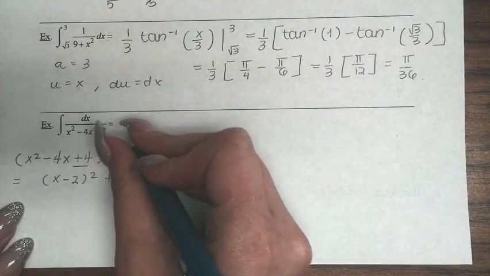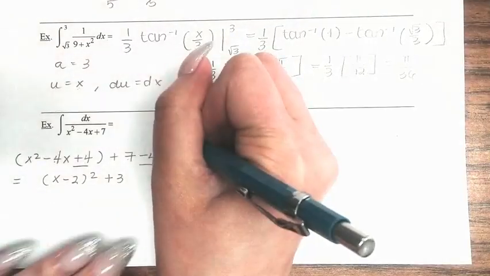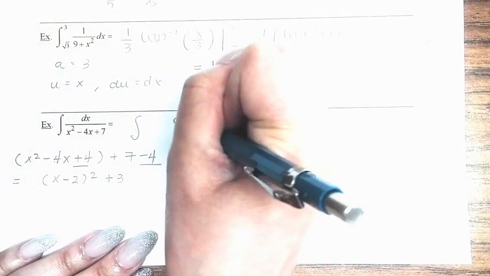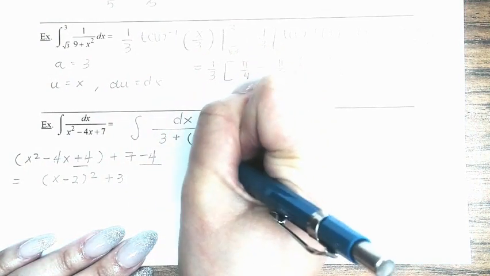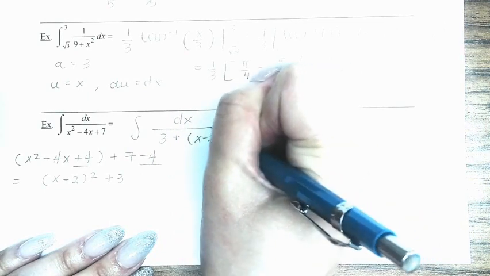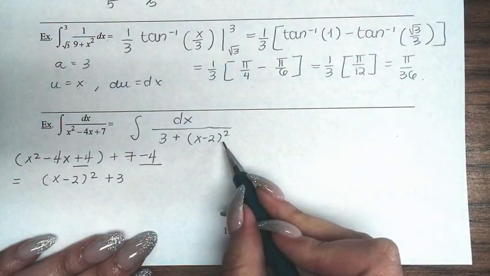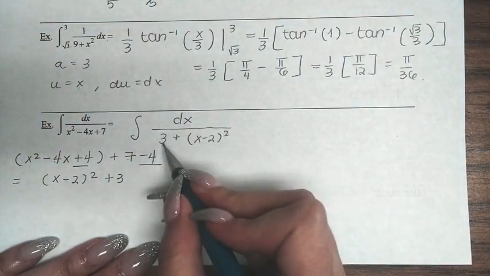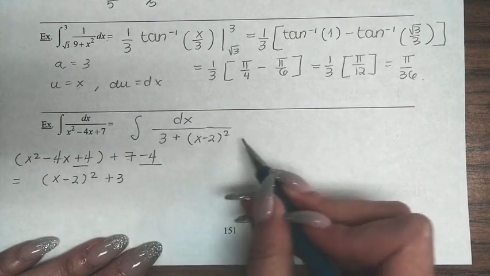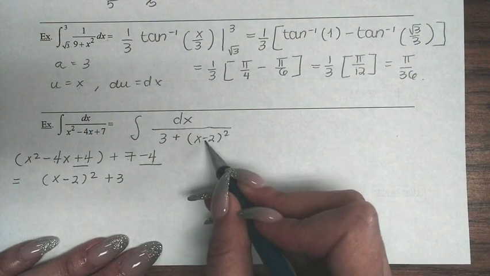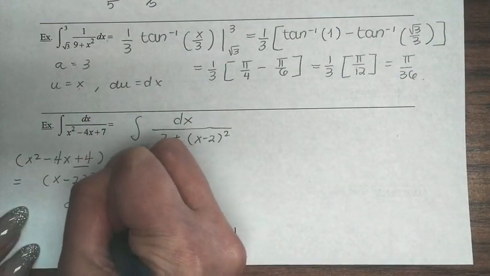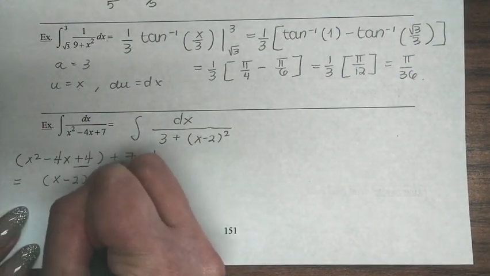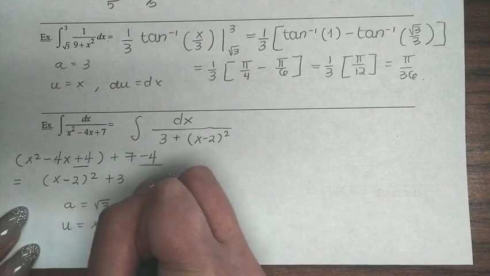So this expression that we have over here, now it's something that looks better. You have dx divided by 3 plus x minus 2 squared. Okay? And this one, it's pretty clear that a squared is 3 and u squared is x minus 2 squared. With that being said, you can recognize that a is root 3 and u is x minus 2.